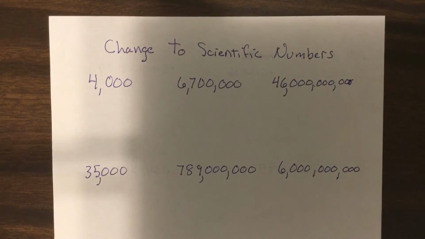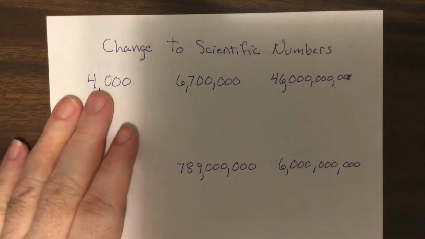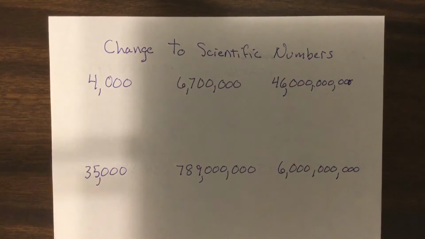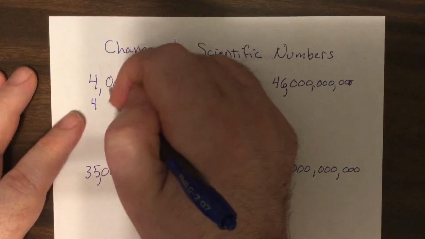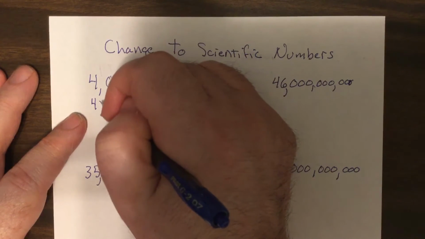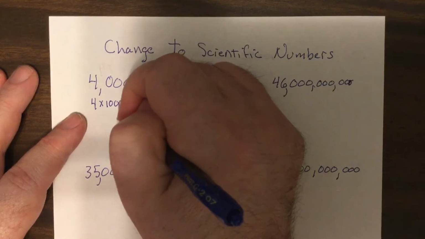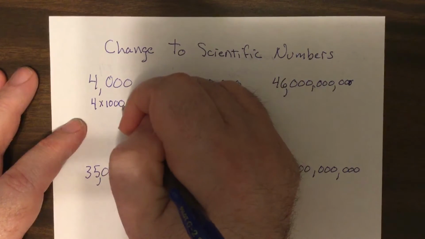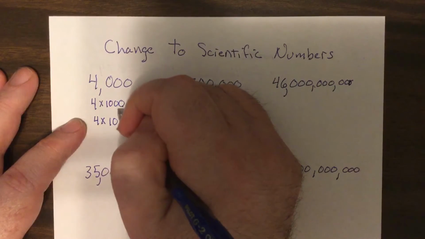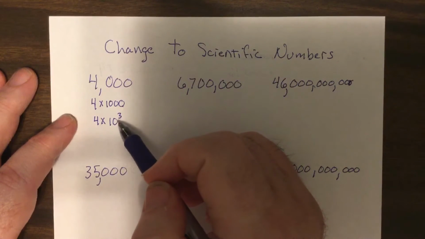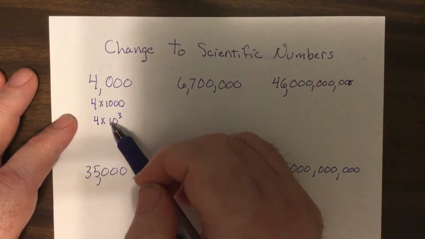Now, to change a regular number, that's what I'm going to call it, a regular number, to a scientific number, you could say, okay, 4,000 is 4 times 1,000. Then 1,000 is 10 cubed. 10 times 10 times 10 is 1,000.